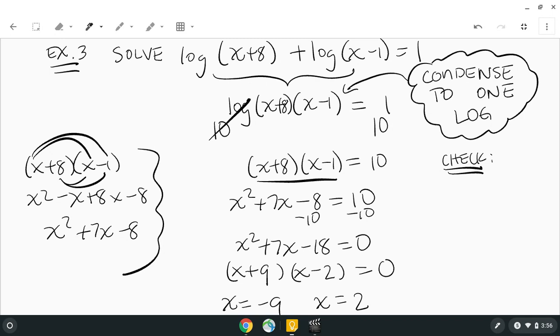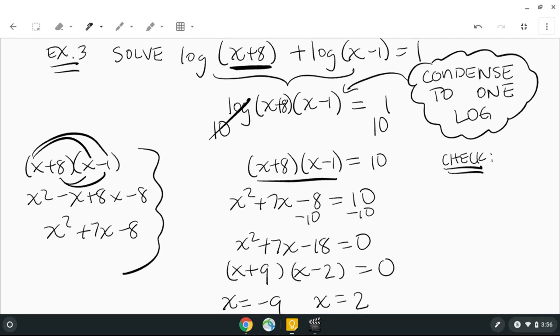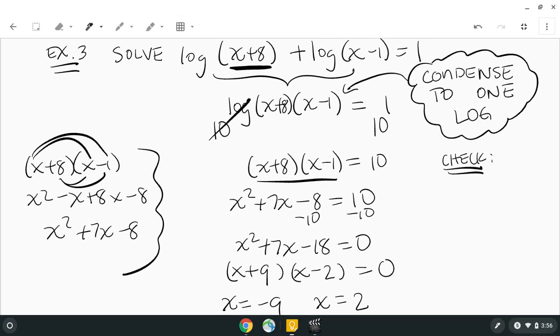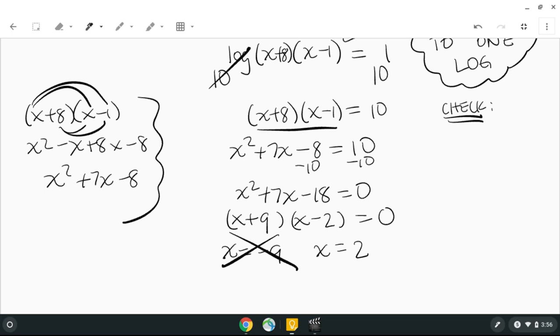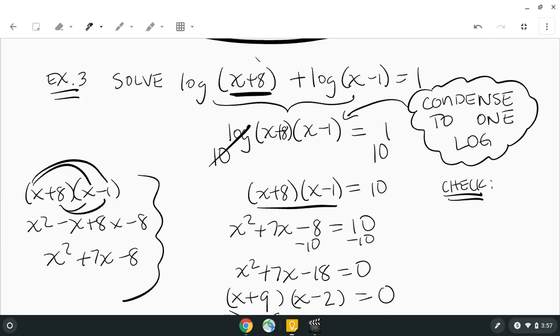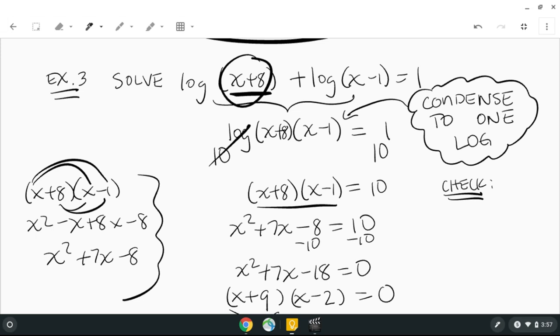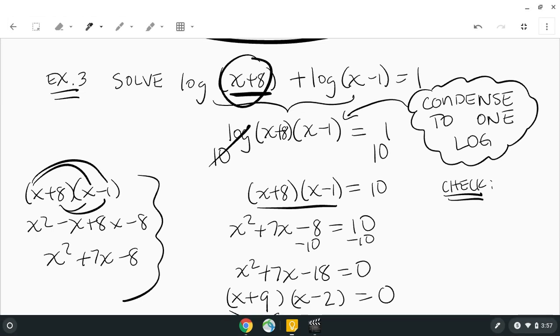When I plug in negative 9 in here, what do I get? Negative 9 plus 8 is negative 1. It's not that 9 is negative, it's that the result inside here, negative 9 plus 8, is negative. We don't want the result inside to be negative or 0. So eliminate the negative 9.